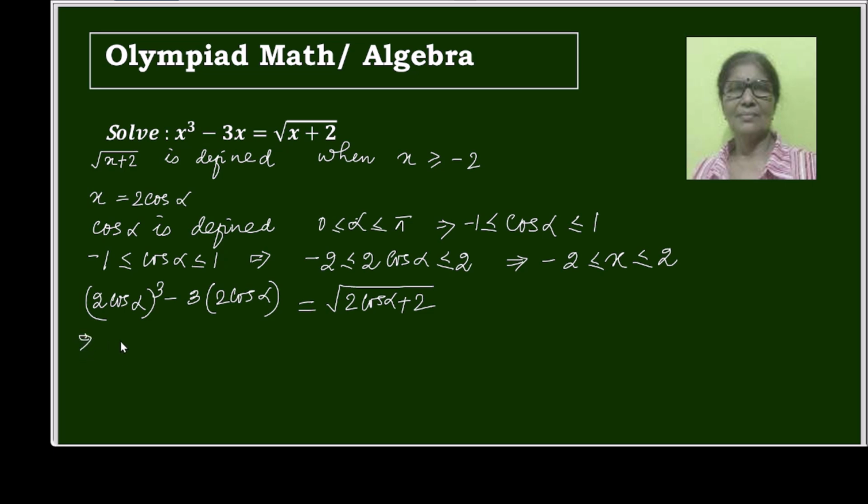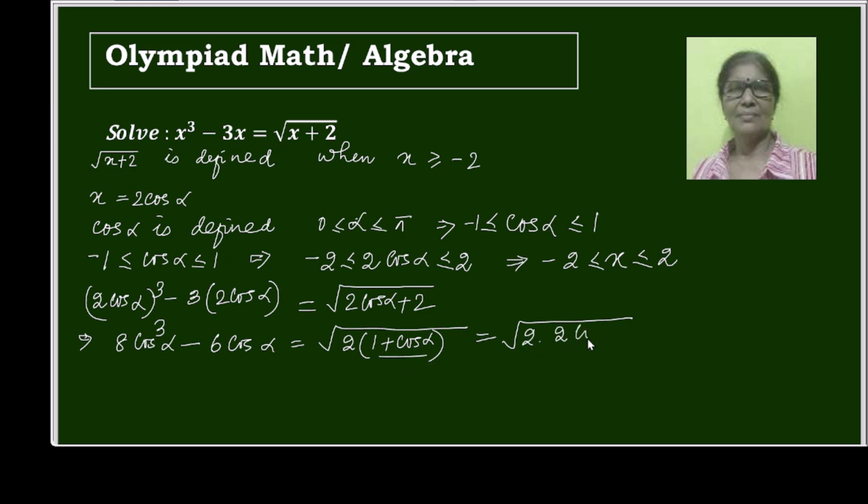Or this gives me 8 cos cube alpha minus 6 cos alpha equals square root; I'll take 2 common, then I'll get 2 times (1 plus cos alpha). 1 plus cos alpha is equal to 2 cos square alpha by 2. And if I take the square root, it will be 2 cos alpha by 2.